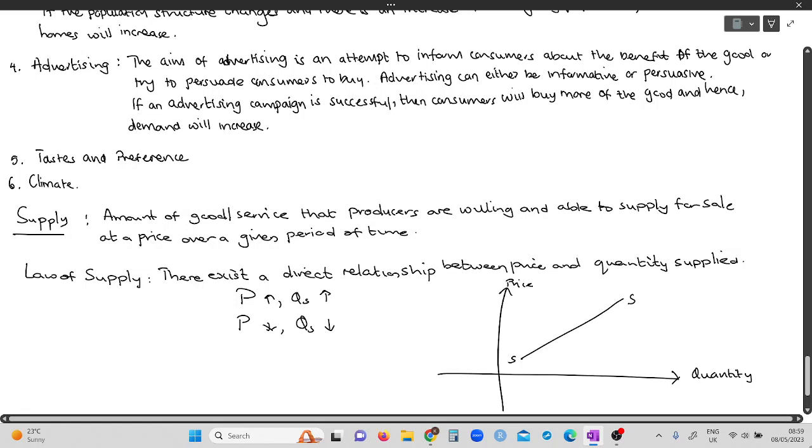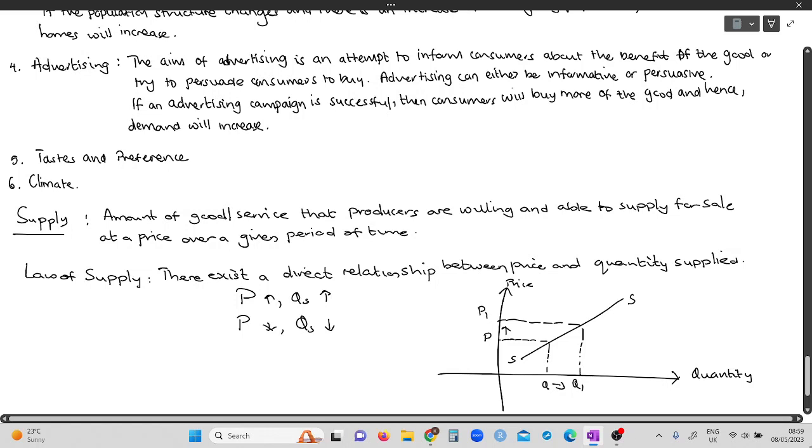Okay, so it is upward sloping. This is due to the direct relation. So for example, if we have price P and quantity Q, and price increases to P1, quantity also will increase to Q1. As you can see, there is a direct and positive relationship between price and quantity supplied.